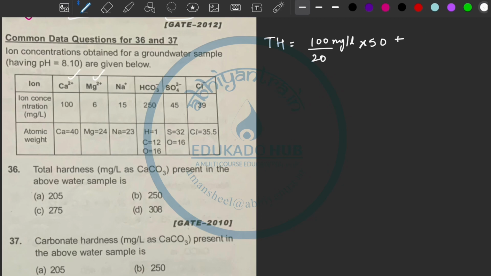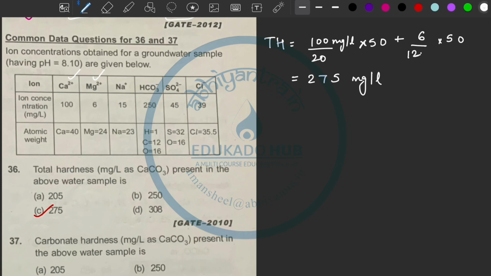Plus magnesium: the concentration is 6 divided by its equivalent weight, half of 24, which is 12, into 50. So the total hardness is 275 milligram per liter. The correct option is option number C.